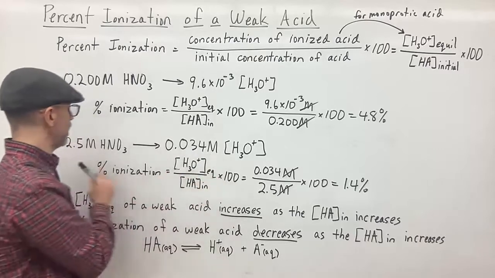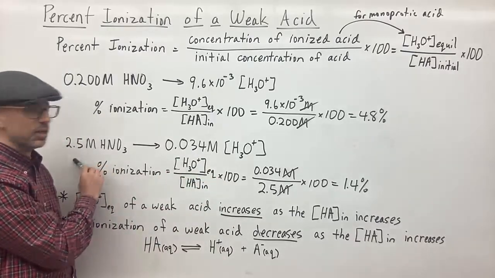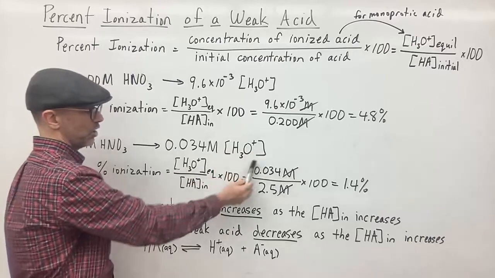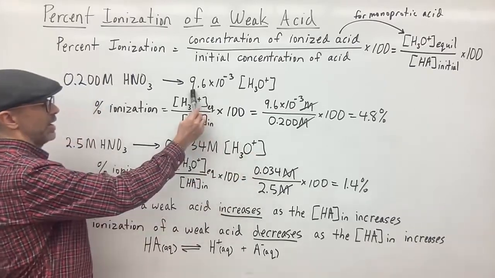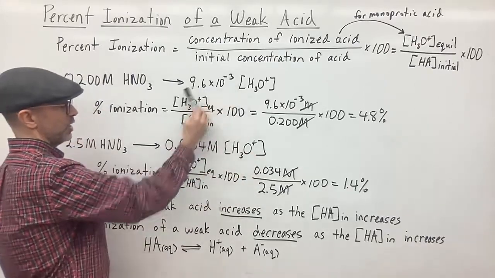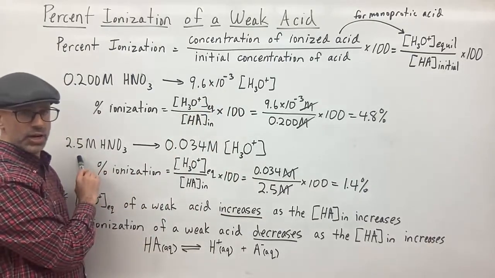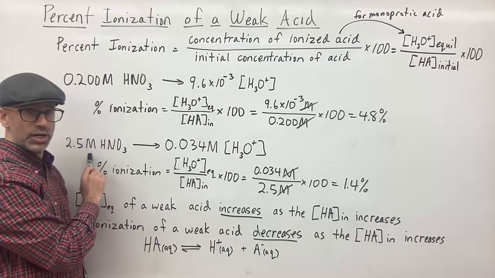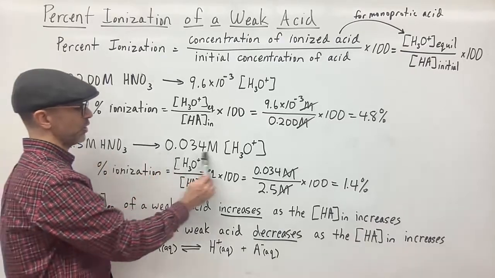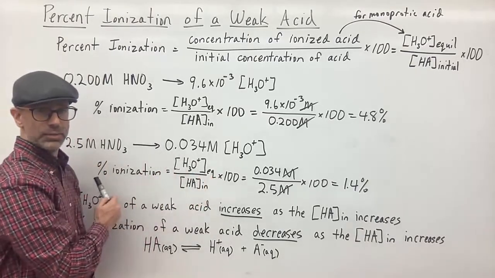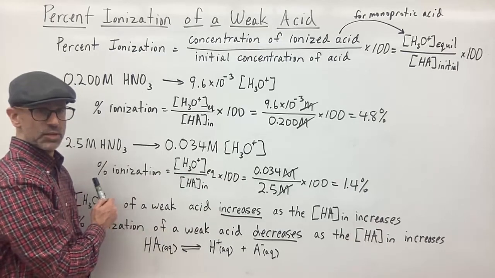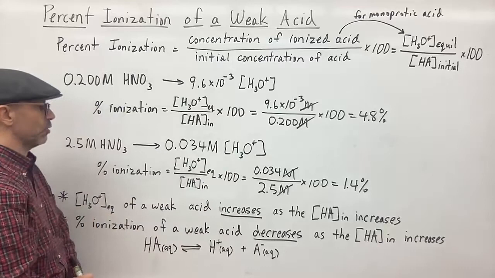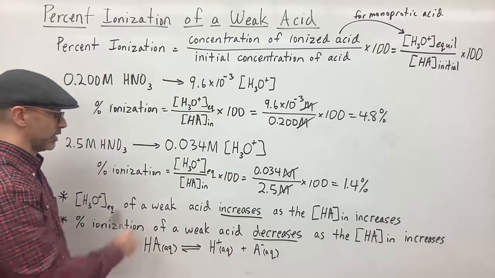So with a higher concentration, you get a larger concentration of hydronium ion. Here we had 9.6 times 10 to the negative 3, but with a greater initial concentration of the same acid, we end up with more H plus ions in solution.